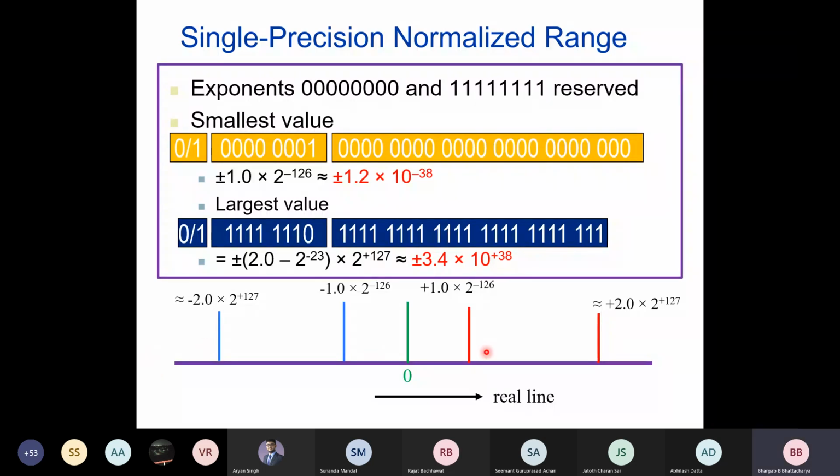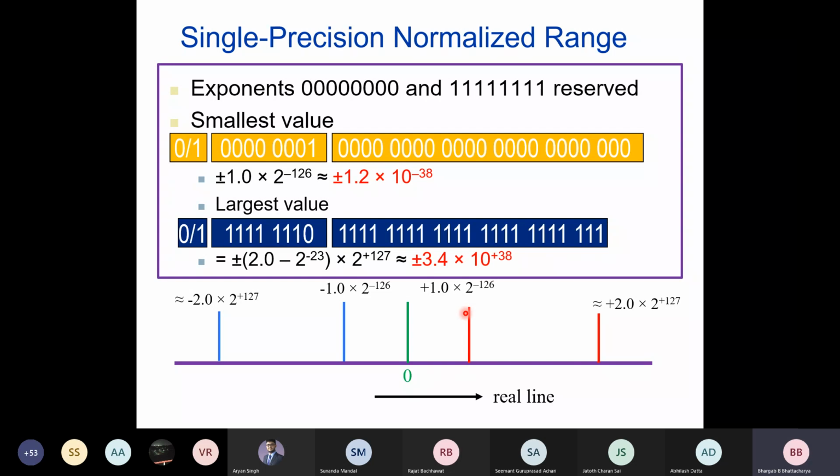What are these boundaries? On the positive side, what is the minimum value you can represent? What is the smallest normalized value you can represent? This one, right? Plus 1.0 into 2 to the power minus 126.